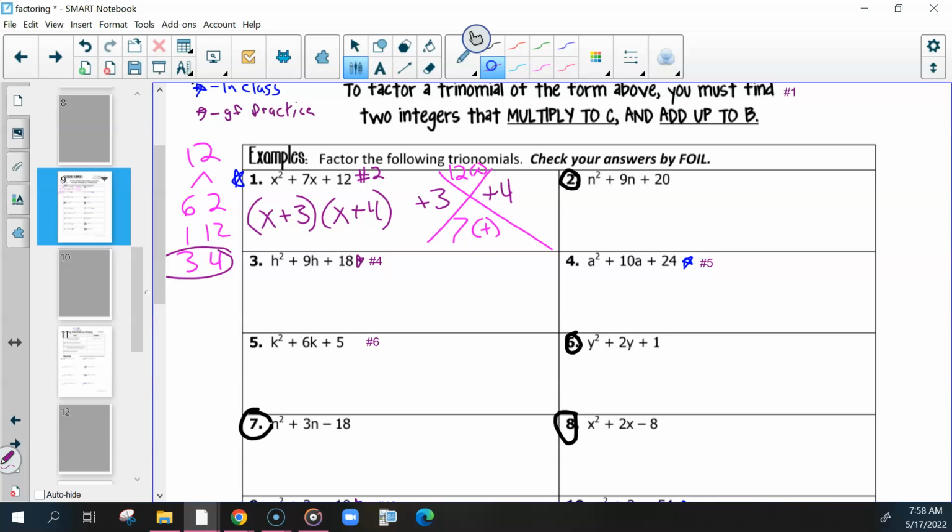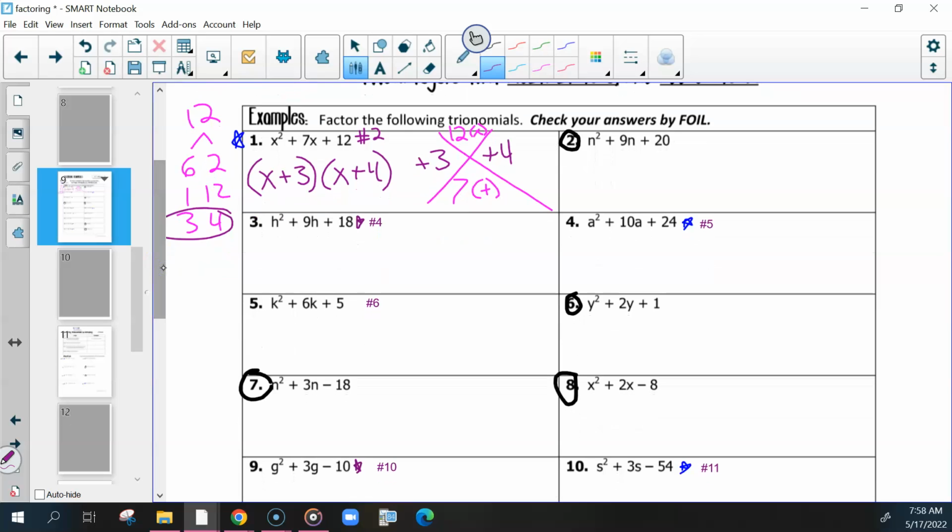Let's do number 5. Same method. We're looking for two numbers that multiply to be 5 but add to be 6.